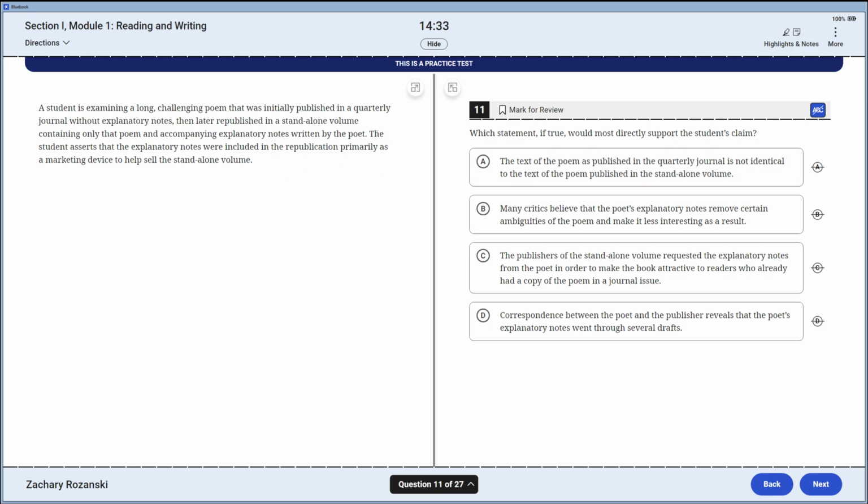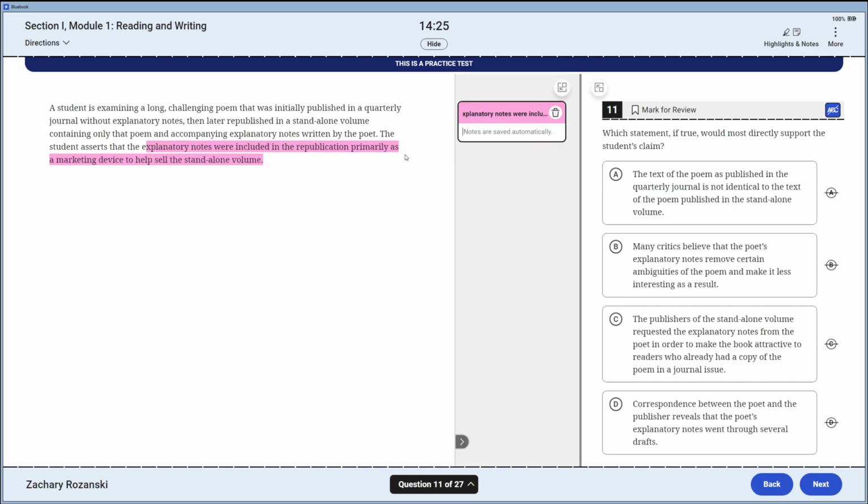What's the claim? The student asserts that the explanatory notes are in the republication because they wanted to sell. In order to sell. Primarily in order to sell.